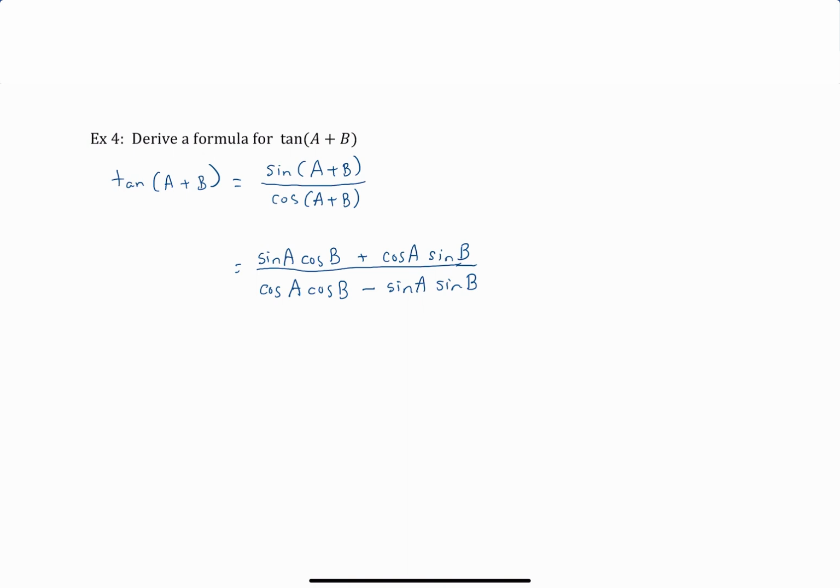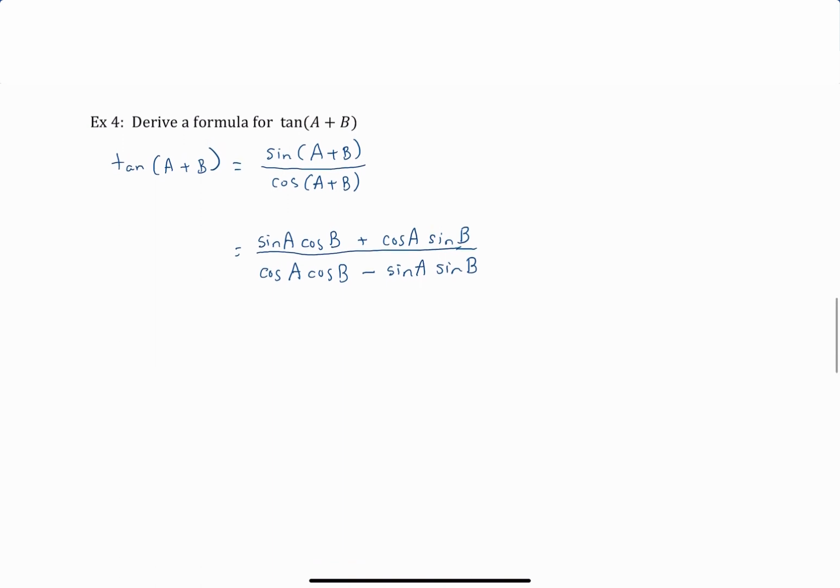Now that is a perfectly good formula, but we would really like to have our formula for the tangent of a plus b to have tangents in it, not all these sines and cosines.